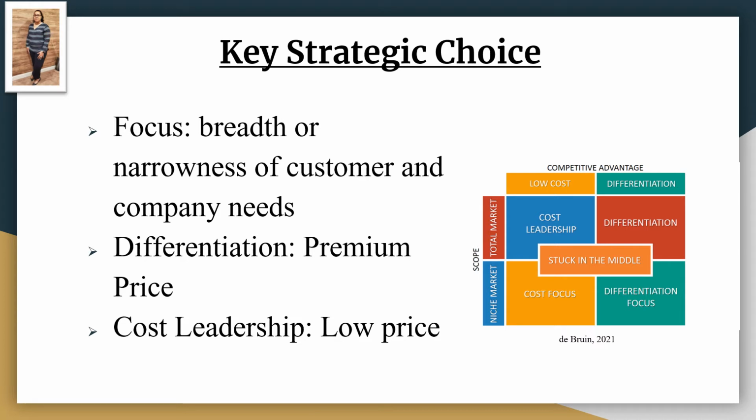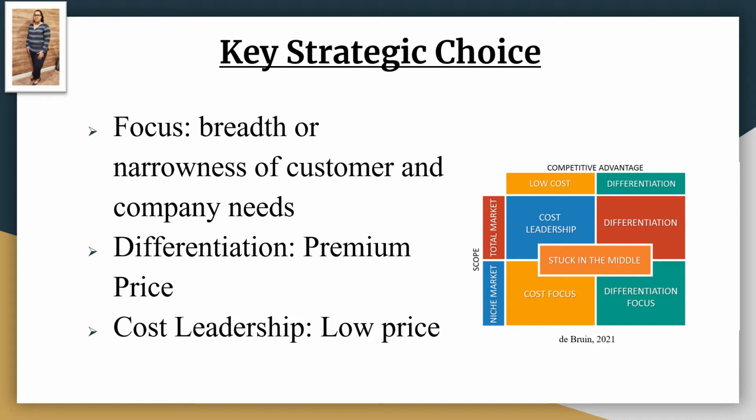Differentiation allows a company to command a premium price. A company may use creative advertising, distinctive product features, higher quality, better performance, exceptional service, or new technology to achieve a product being perceived as unique, therefore having the ability to command a premium price.